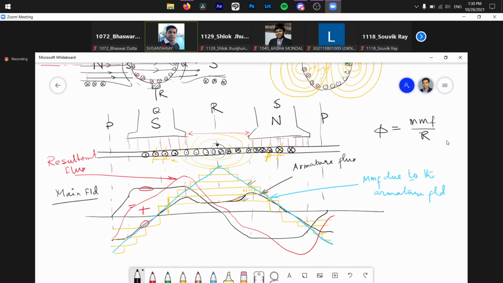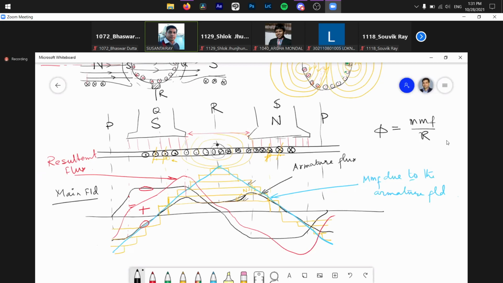So that means the armature resultant flux, or the armature reaction, depends on the amount of armature current. How much current the armature is carrying decides the armature reaction, and it increases with the value of the armature current, and armature current is nothing but the load current.